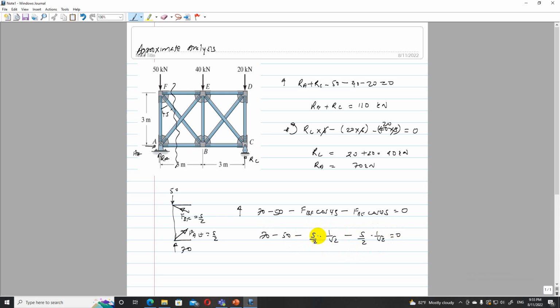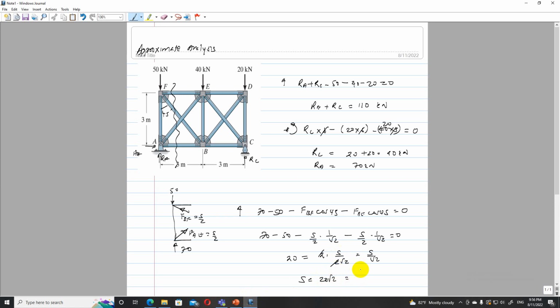Okay, so now this is going to get us 70 minus 50 is 20. 20 is equal to 2 times S over 2 root 2. So 2 cancels off and it becomes S over root 2. So S is equal to 20 root 2. So 20 root 2 would be something like 1.414 into 20.